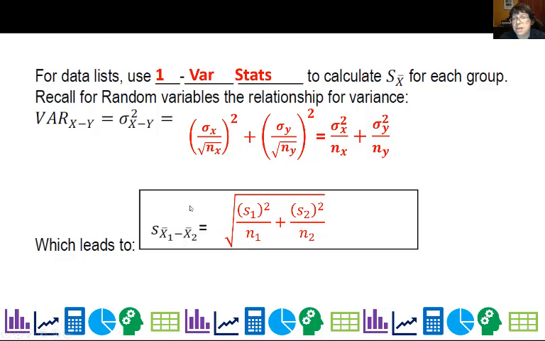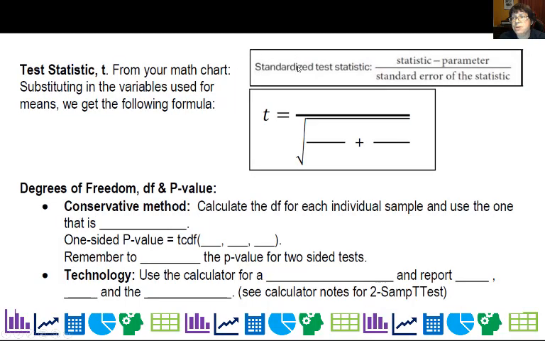All right. So then once we have the standard error for our sample, by the way, this is standard error because we do not know the population standard deviation. Sigma is used for population, s is used for sample. All right, now we can go to our standardized test statistic. This is the formula that you have on your math chart.